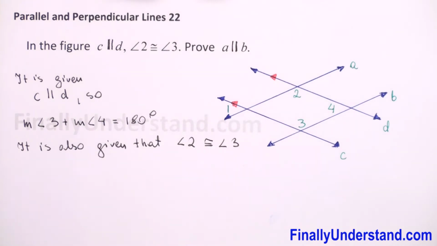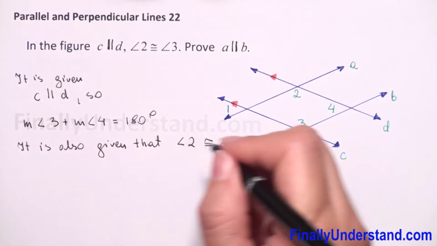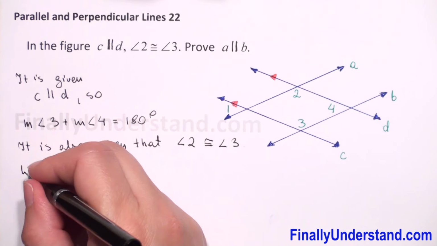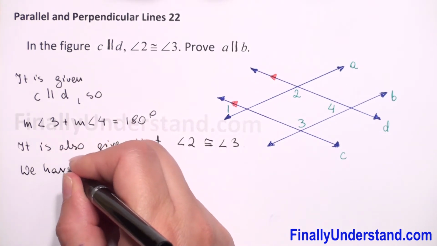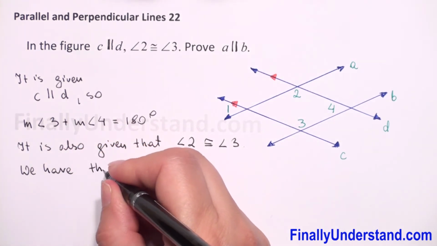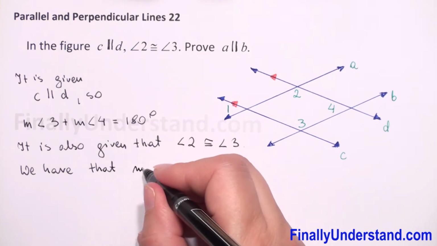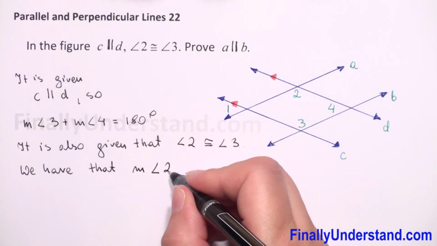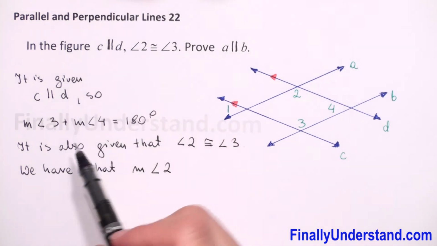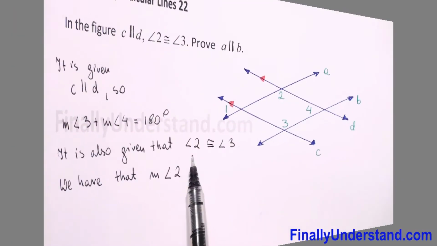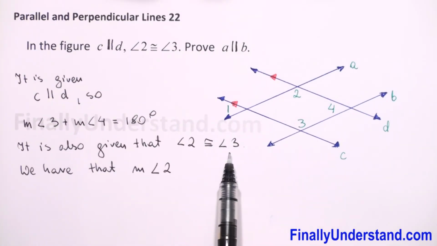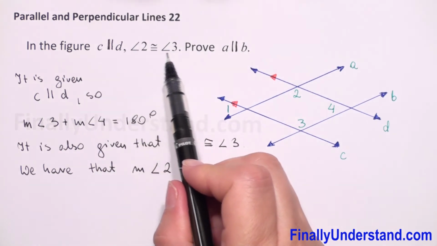So we have that the measure of angle 2, I just substitute the measure of angle 3 because angle 2 is congruent to angle 3, this is given.